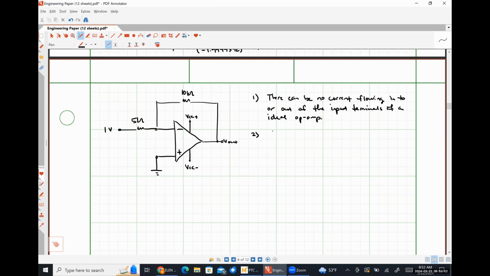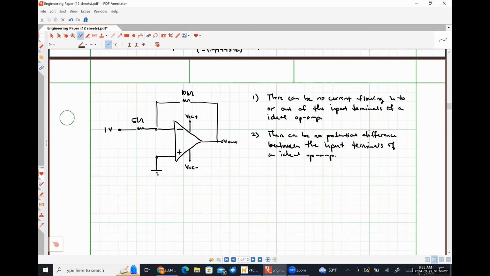And rule number 2 is there can be no potential difference between the input terminals of an ideal op-amp. Okay.